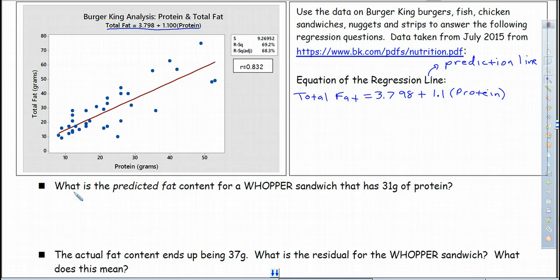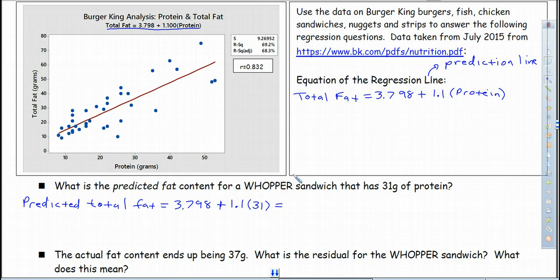And the first question says, what is the predicted fat content for a Whopper sandwich that has 31 grams of protein? Well, 31 grams of protein, that's the protein level, so we're just going to substitute that in for protein. So we can say that our predicted total fat is equal to 3.798 plus 1.1 times the 31 grams.